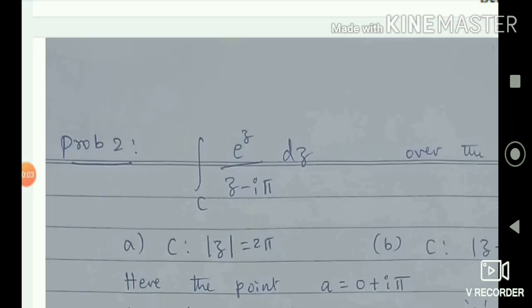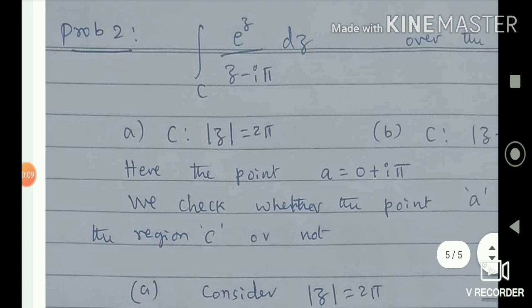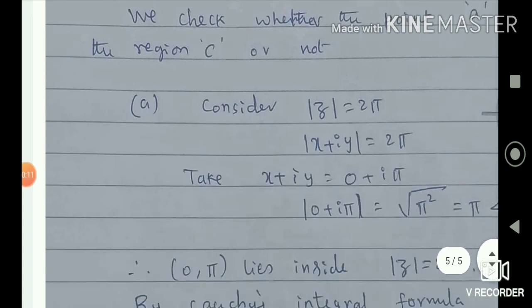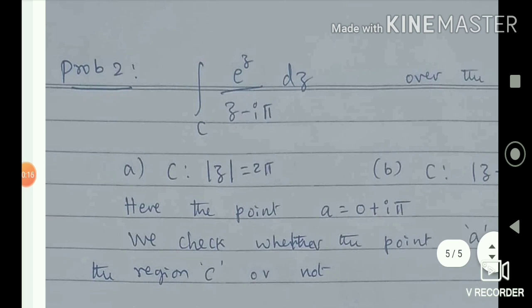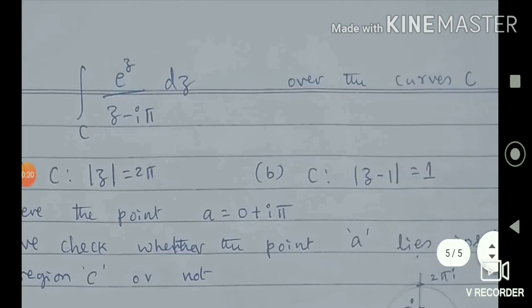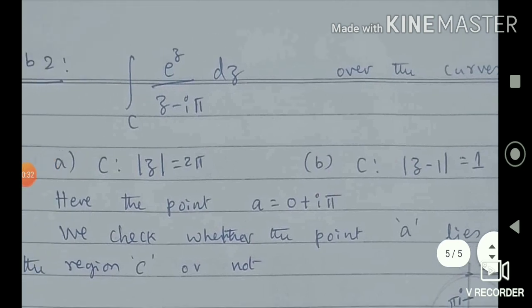Let us move on to a second problem where my function is e power z and the point a is pi i. Okay, I have f of z by z minus a, where the function f of z is e power z and the point a is pi i. Again we will verify on two different curves.